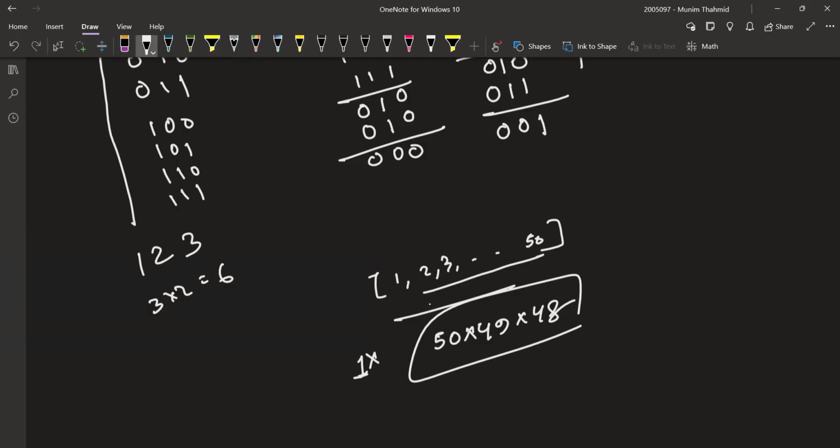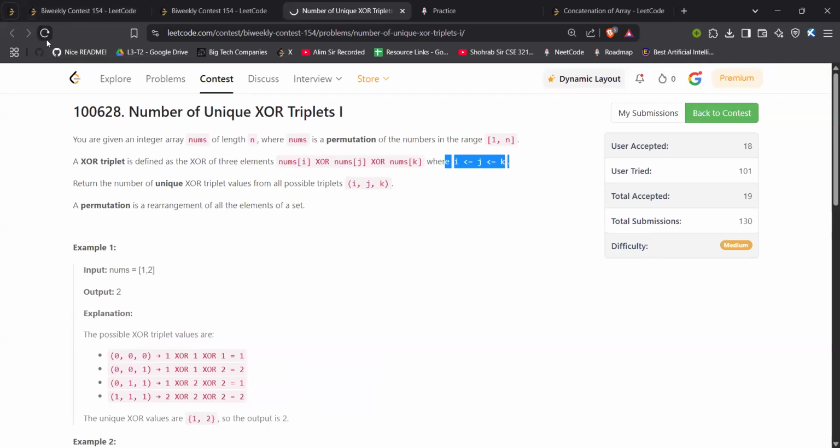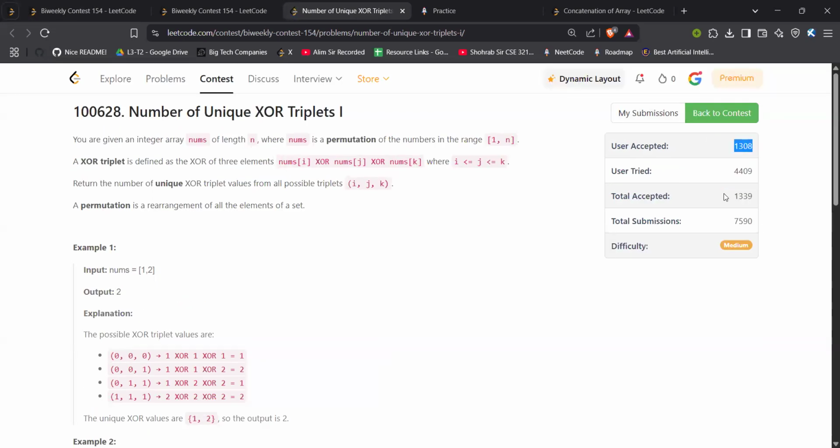How many people? A thousand already solved it, but the submissions were 7,000, so the acceptance rate is pretty low.